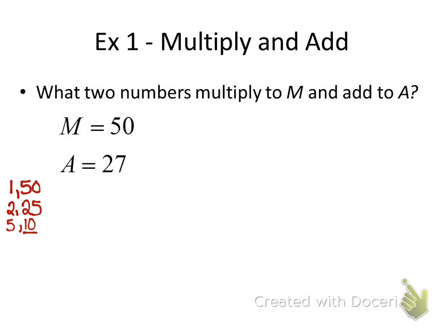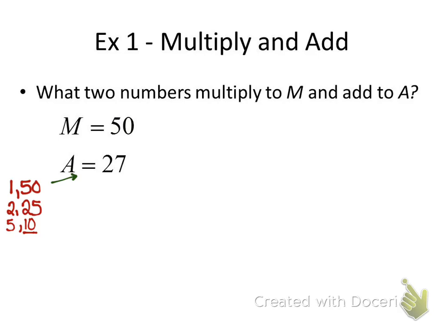Now that we have our m, our factors of 50, we're ready to look and see what the a is. What's the number a? 27. So we're going to take these factors that we found of 50 and see which of those we can add together to get 27.